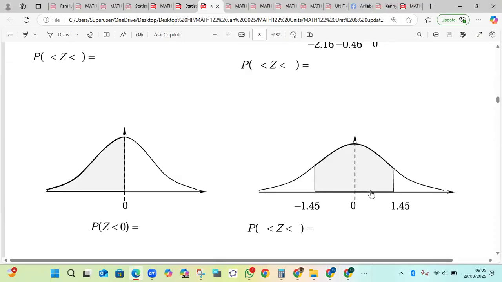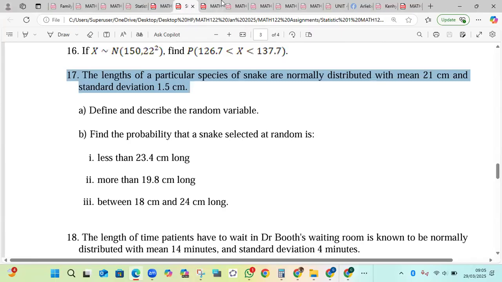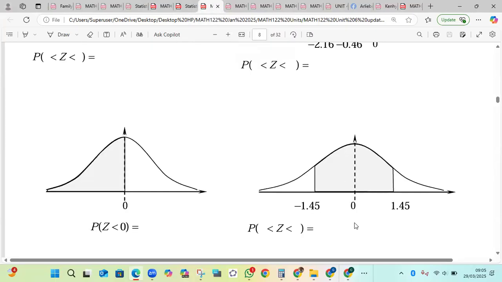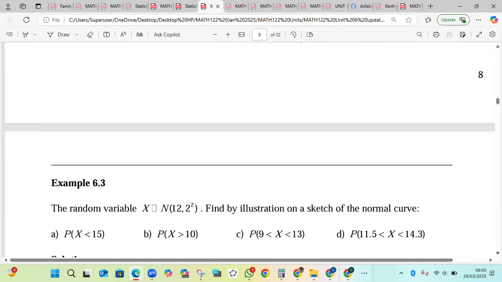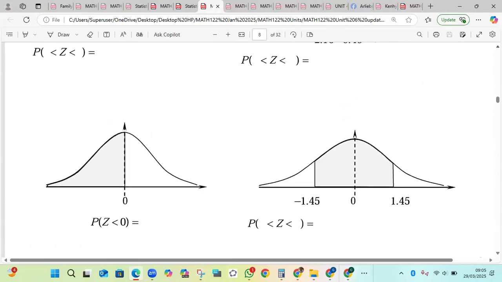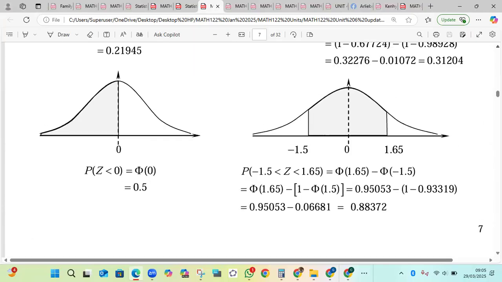You put your mean, your 18 and your 24. Then you put your 0 below 21, and then your Z values, and apply the same procedure you would have done for such a situation. A negative Z and in between a positive. So you find phi of the positive and phi of the negative.